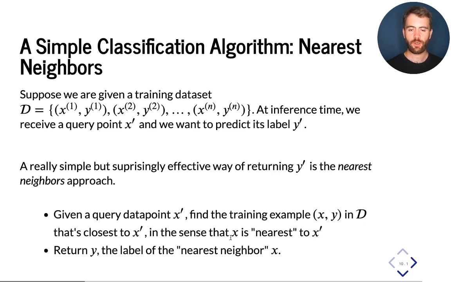And then once we have found our nearest neighbor x, we simply return the label or the target of the nearest neighbor. This is the definition of nearest neighbors.